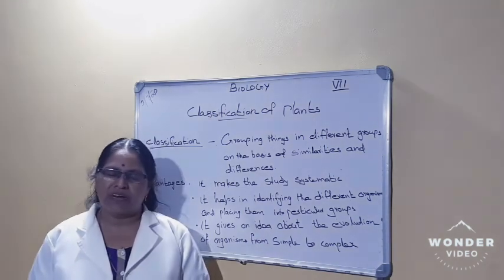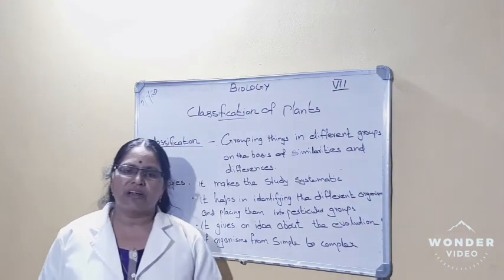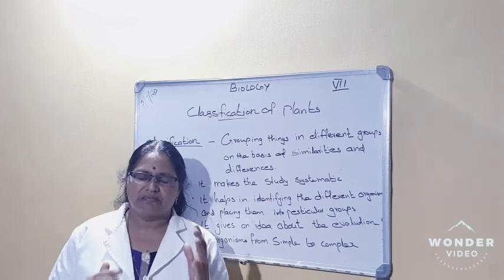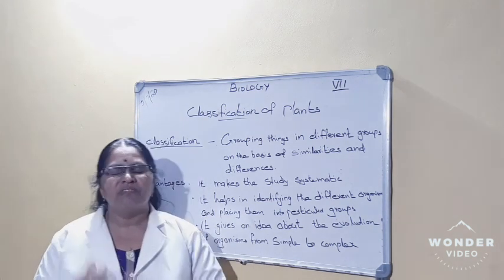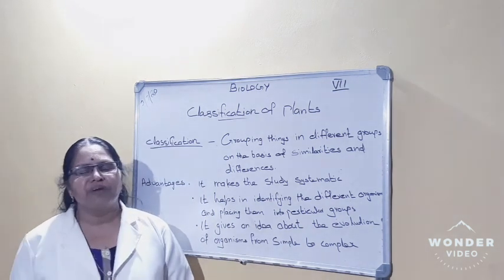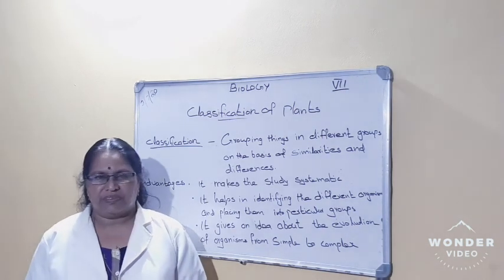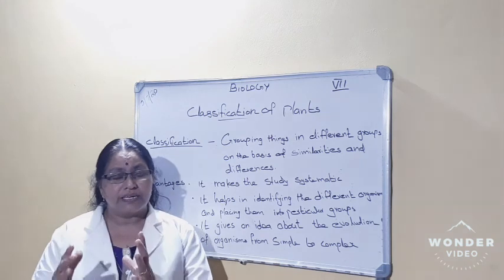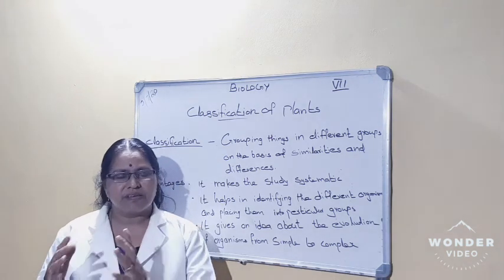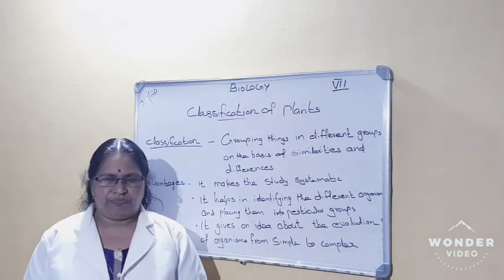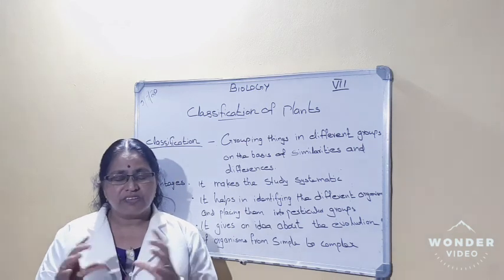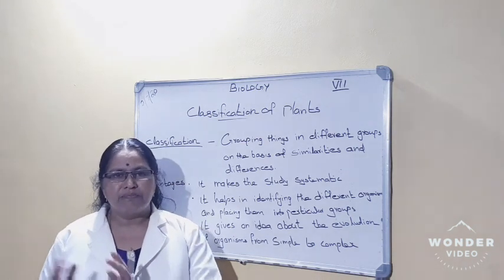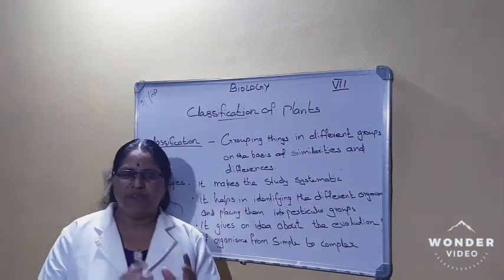You learned in the lower classes, all the things around us can be classified into two groups. Living and non-living things. What do you mean by classification? We classify the things, putting together the things which are similar in one group. Okay, arrange the things on the basis of their similarities and differences.